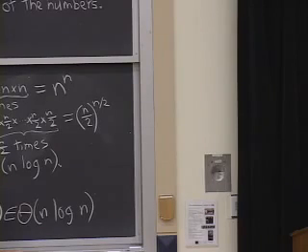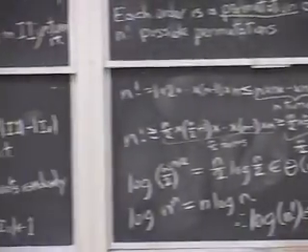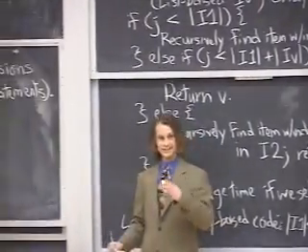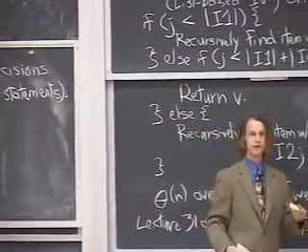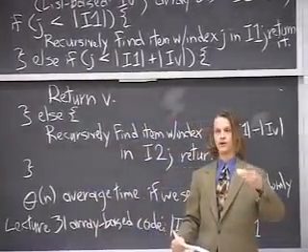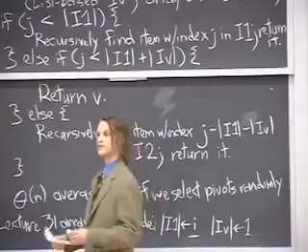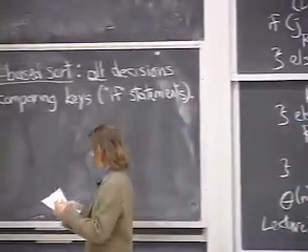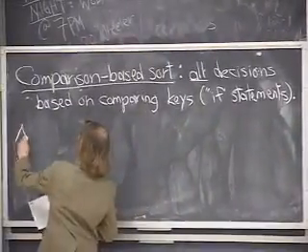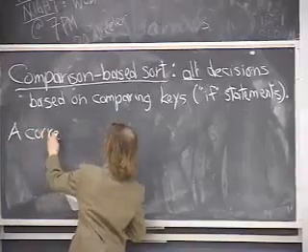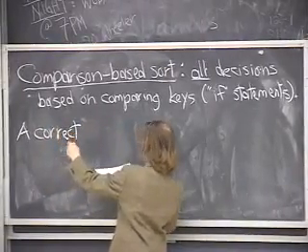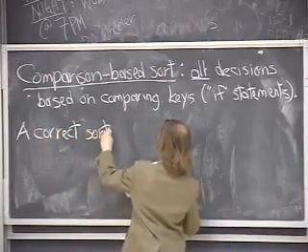In other words, if you have a correct sorting algorithm, then it has to have a different sequence of true and false answers as you run through the code for each different permutation that you could imagine sorting. So it takes a little thought to believe this, so I'm going to write it down.